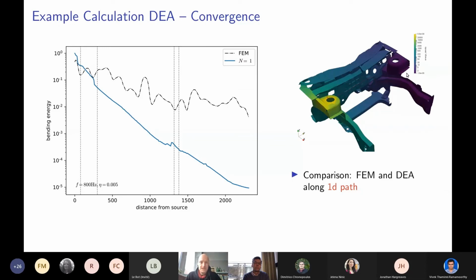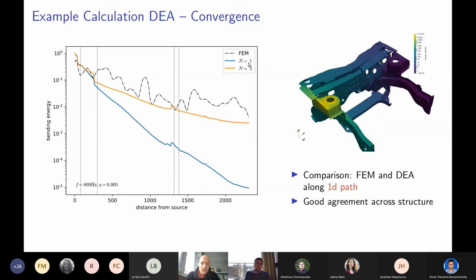The reason is that if you only allow for one Legendre polynomial, that is the constant polynomial, you get something which Alain referred to as a Lambertian reflection. So everything which hits any of these edges is reflected diffusively, and you get a diffusion-like behavior across the whole structure.